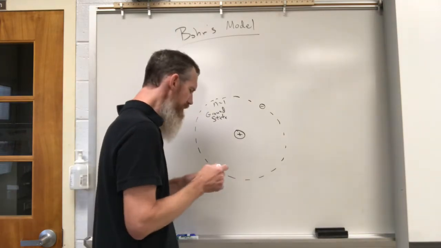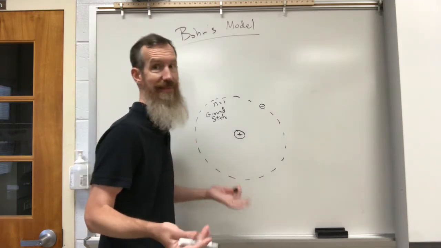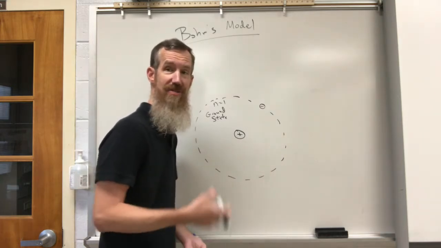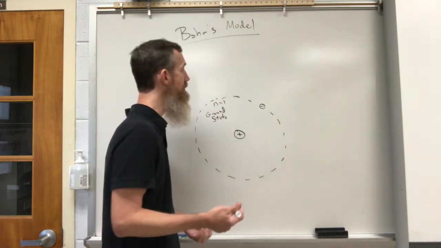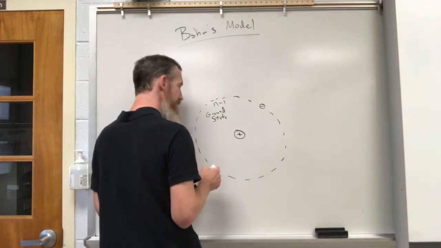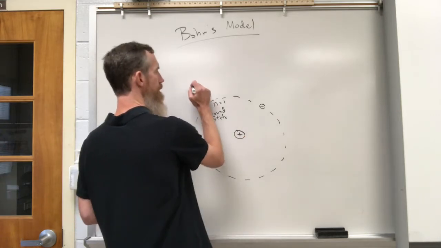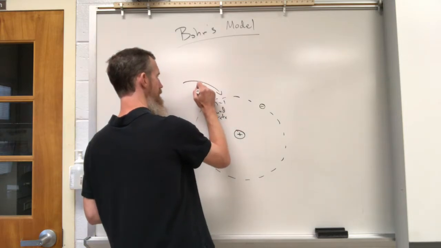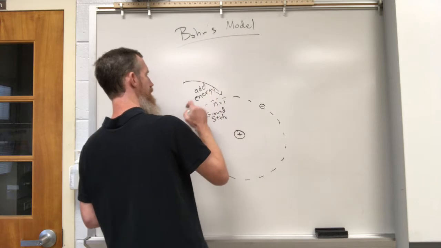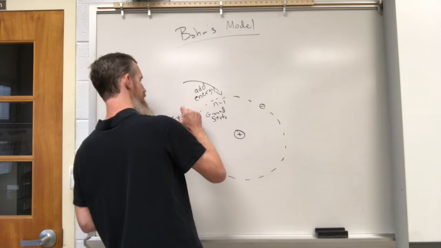And what Bohr thought happened, which pretty much nailed the beginning of our understanding of electrons and how they behave, is that when I give this electron energy, when I add energy, I get the electron excited.